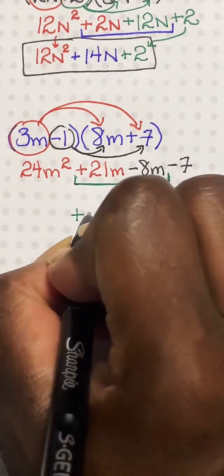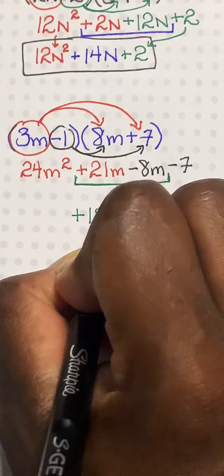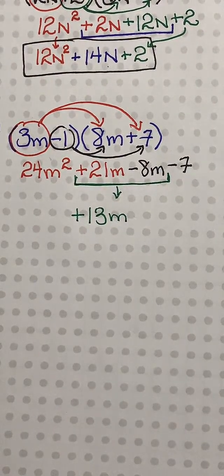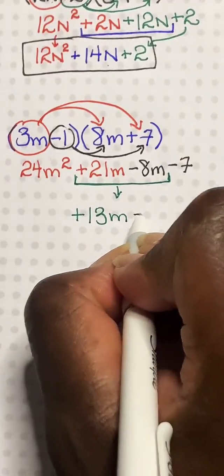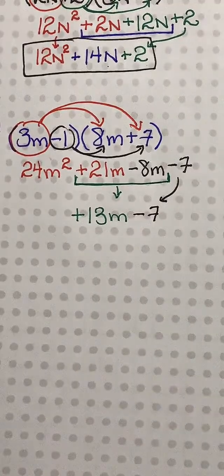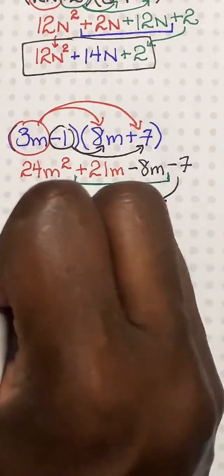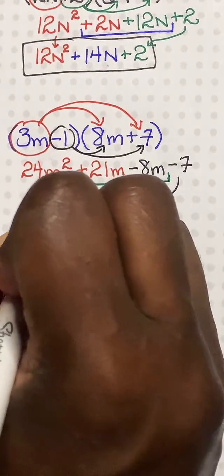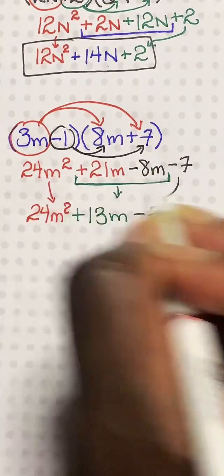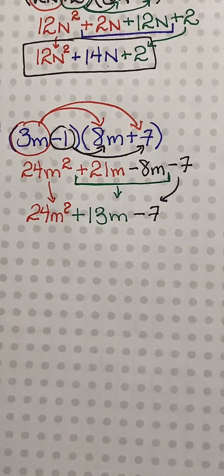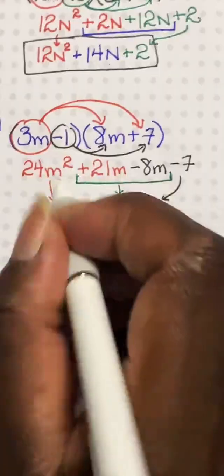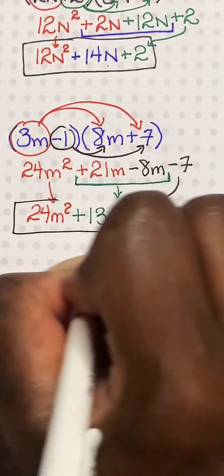So that'll be 13m. Now, this minus 7 comes down, and our 24m squared comes down. Since we have an m squared, an m, and a constant, that's as far as we can go.